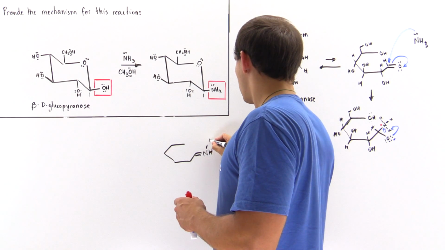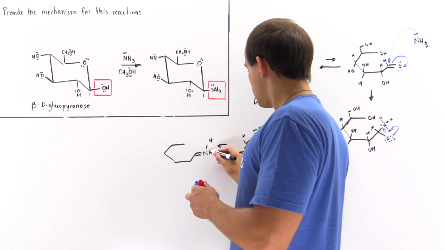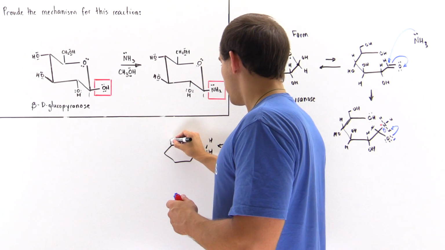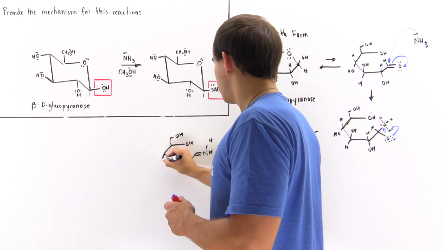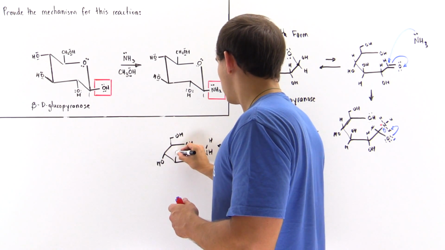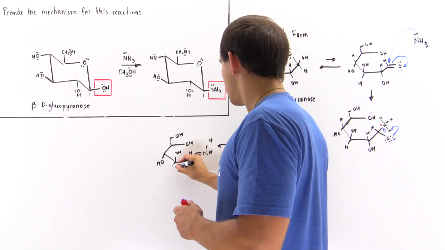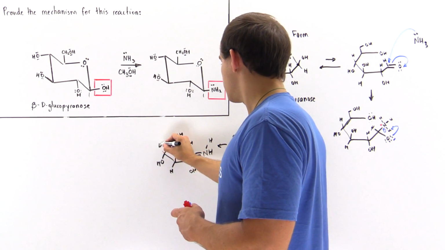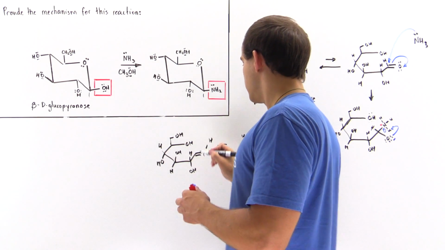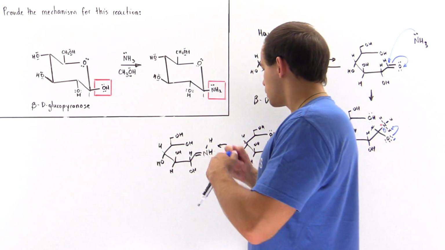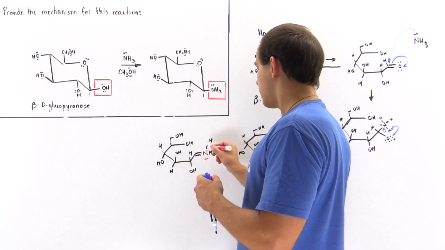And H, and of course we have a positive charge on this nitrogen here. Now let's draw our OH methyl group. OH points downward, OH points up, OH points down, H points up, H points down, and H points up. Okay, and there's also an H here that we did not draw. So we have a positive charge on this nitrogen.